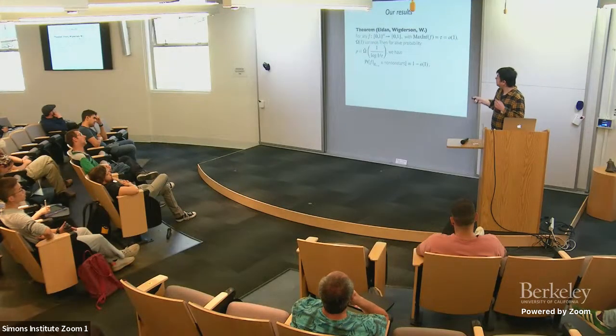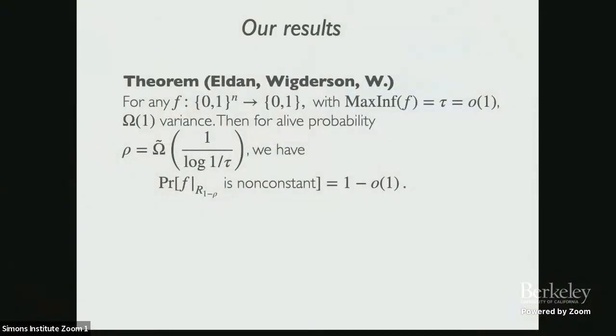What we proved, the so-called it n over till it's over theorem, is that for any function whose max influence is small, we can restrict all but a 1 over log 1 over the max influence fraction of the inputs.